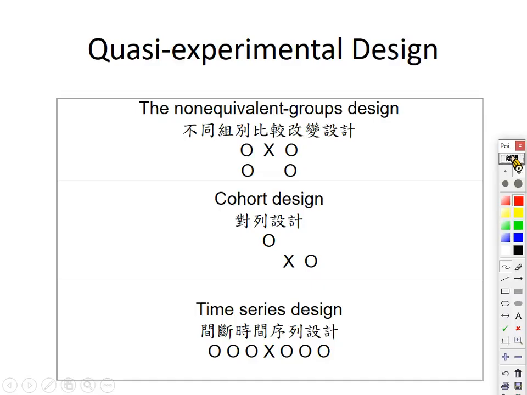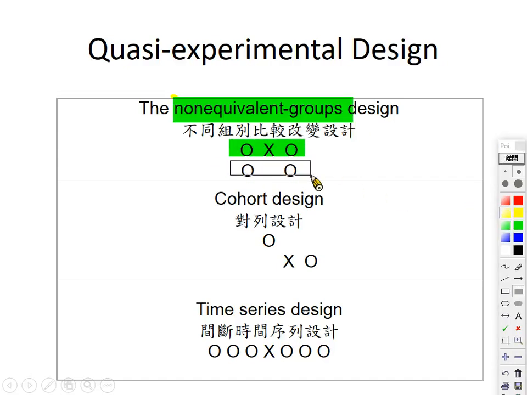Okay, so we have three kinds of quasi-experimental design. What are they? First one, we call the non-equivalent group design. Non-equivalent means there are two groups here, right? One and two. We have two groups. One group receives the treatment. The other group does not receive the treatment.